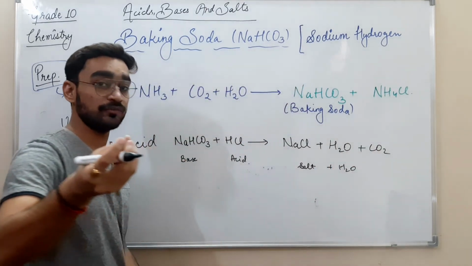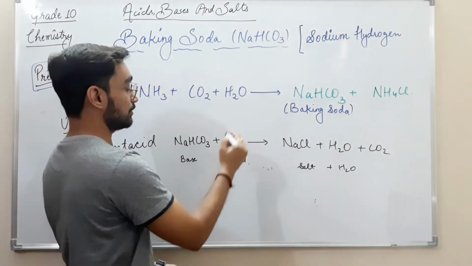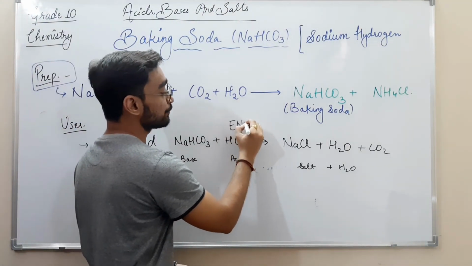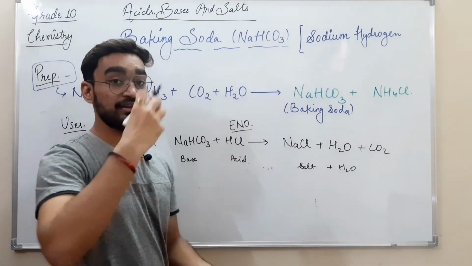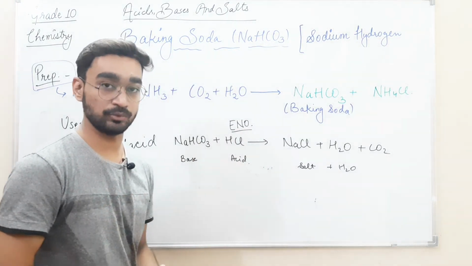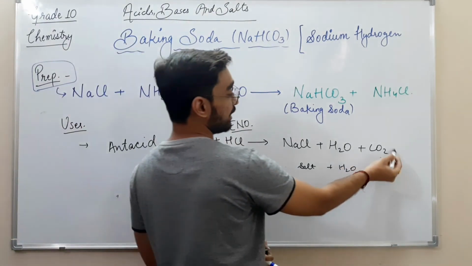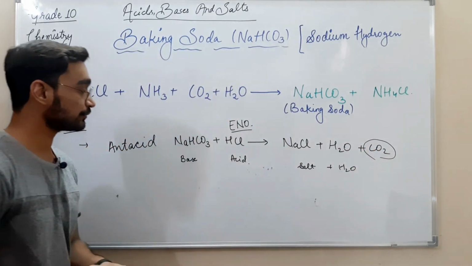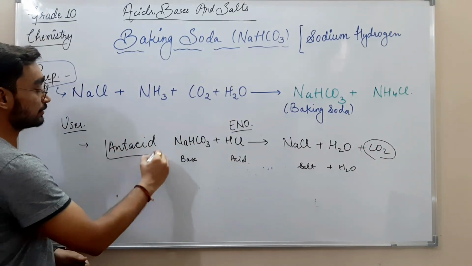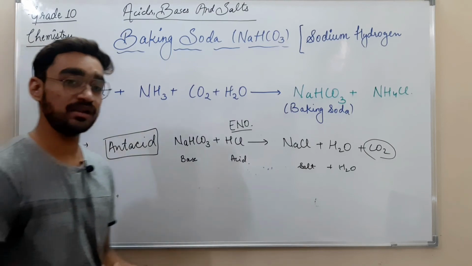If you have ever tasted Eno or something similar, after drinking it some kind of gas comes out. That gas is this carbon dioxide, CO2. So this is a very commonly used antacid in our daily life.